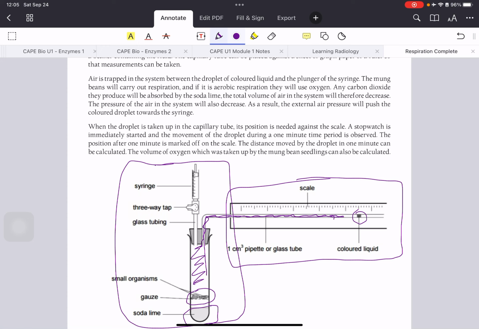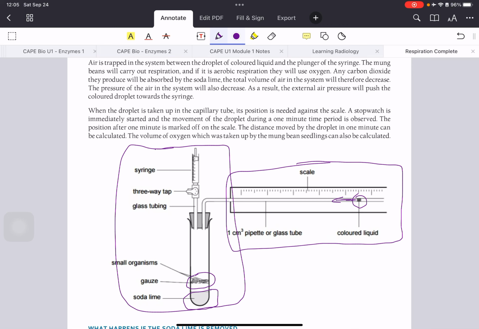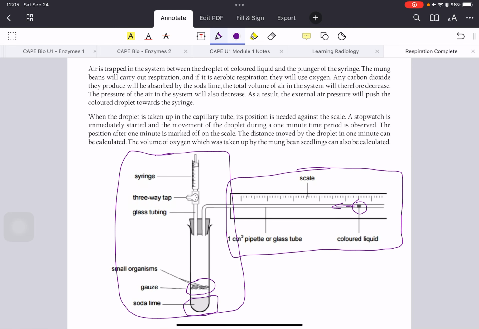So therefore, if they are undergoing aerobic respiration, they will be using oxygen, and they will actually suck this droplet this way, right? And remember, they will also be producing carbon dioxide, which would have pushed the droplet back, right? Because it would be like you use air, but you're still breathing out air, right? That is the important function of the soda lime. So the soda lime will absorb the carbon dioxide. So therefore, the oxygen will be used up, and the organisms will not be putting out air to push back the liquid.